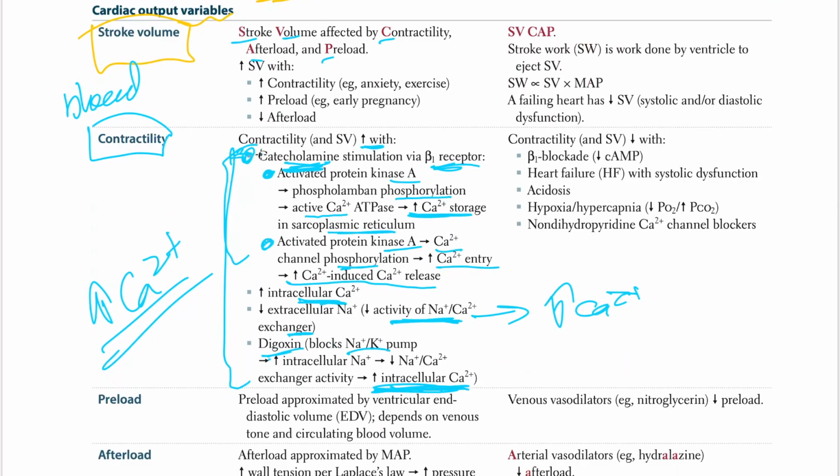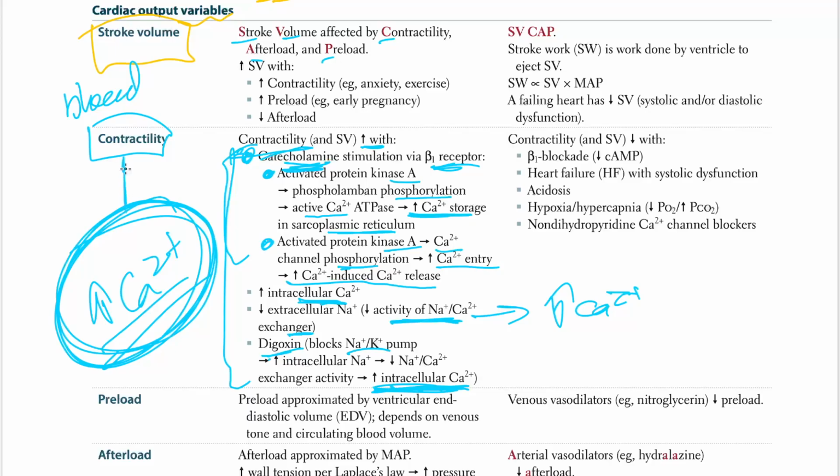So all of this is an increase in calcium levels that would increase contractility. And when you increase contractility, you already know that's going to increase the stroke volume, right?